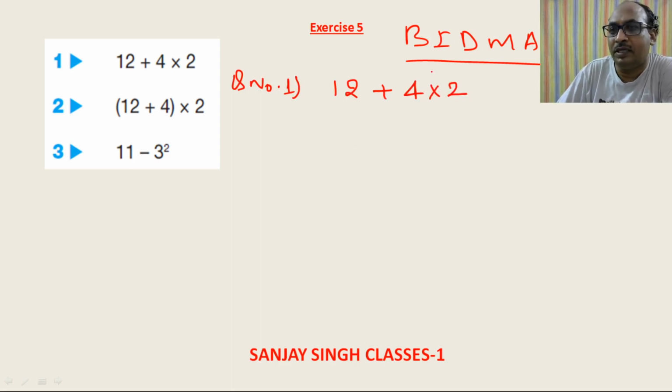Now as per this BIDMAS rule, we do not have brackets, indices or division in this expression, we do have multiplication. So this multiplication part, 4 into 2, we need to solve first. So it will become 12 plus 8, and then addition is there, so we need to add and it will become 20.